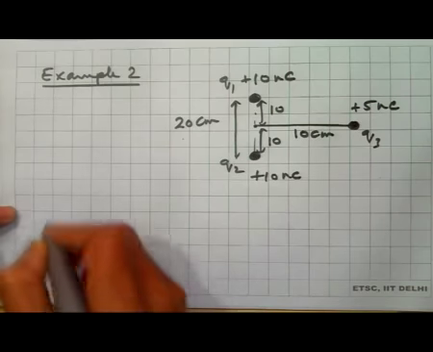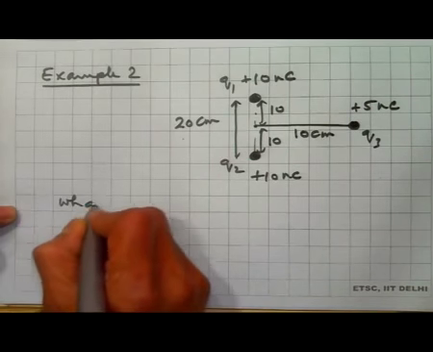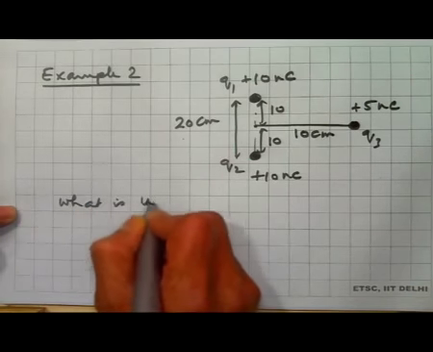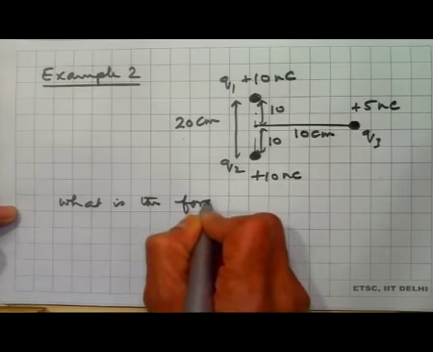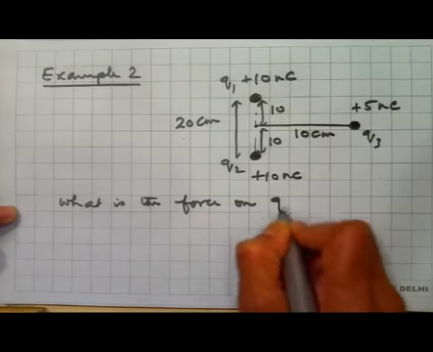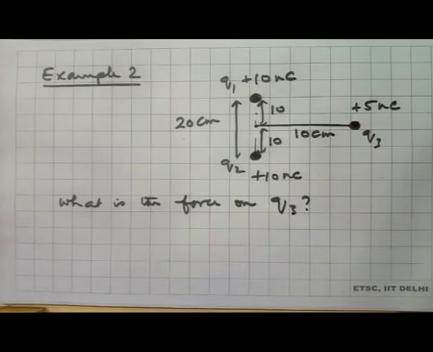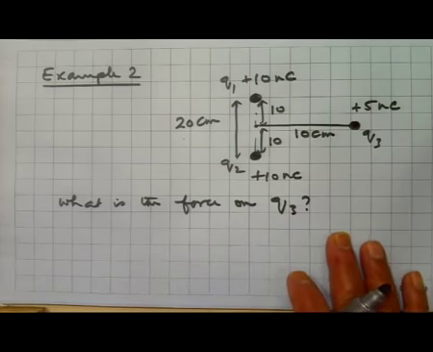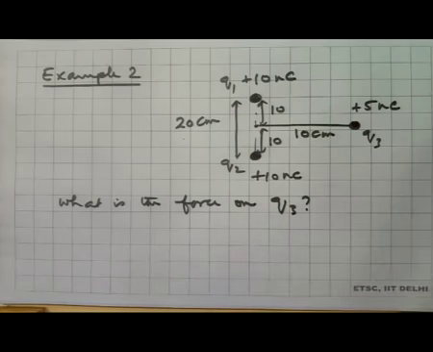So, I want to find out what is the force on Q3. Now, these three charges are not along the same line, they are at three different points on this plane.